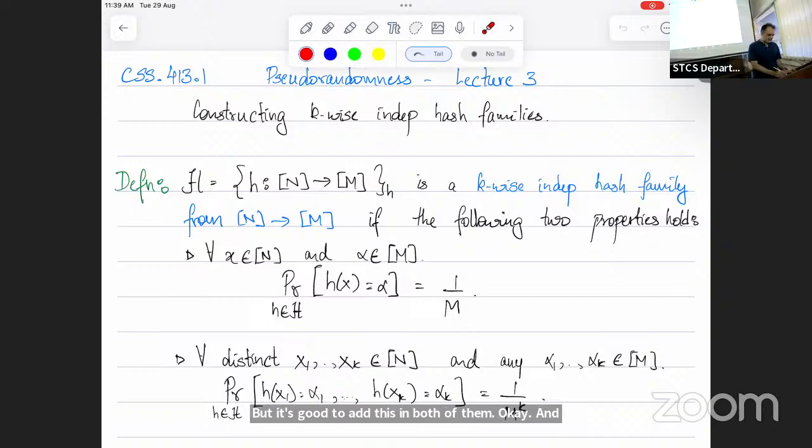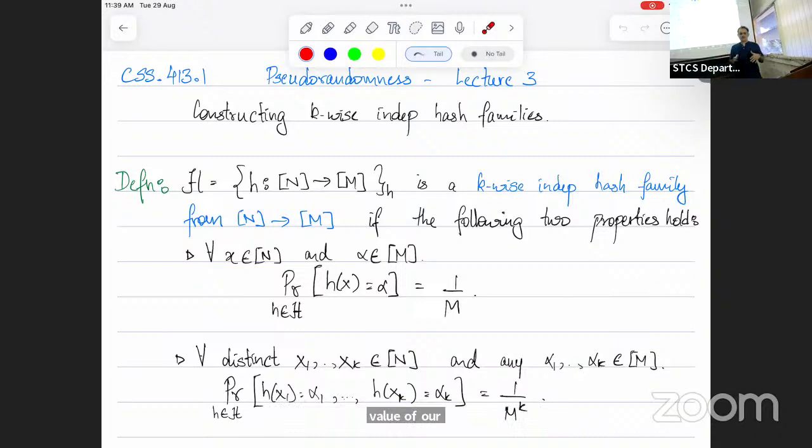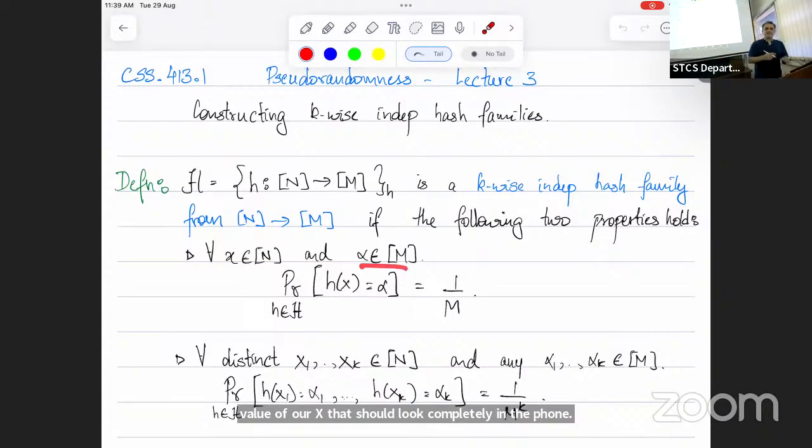Okay. And what's the first property? The first property says that suppose you fix a certain coordinate x of your interest, but then just imagine choosing the function h at random from your bag. If you look at the marginal distribution of what this function assigns as the value for x, that should look completely uniform. So I've just written it to say that if you have a specific output in mind, the probability that on this particular input it takes this particular output is just 1 over the size of the output.